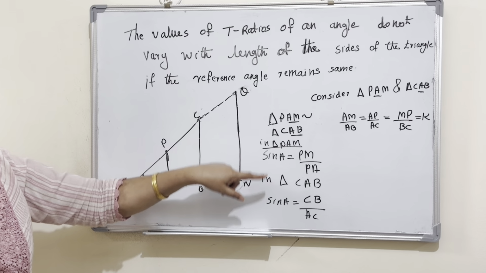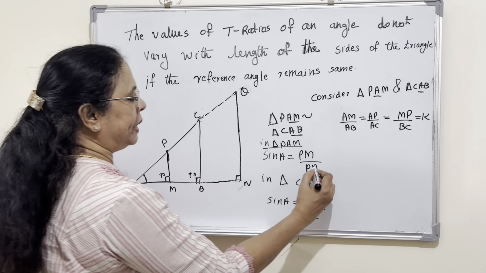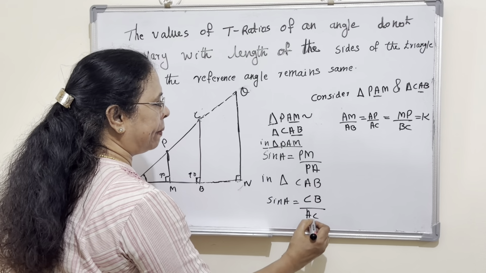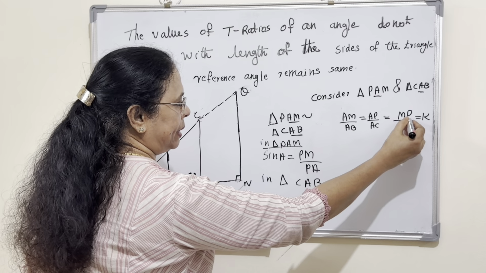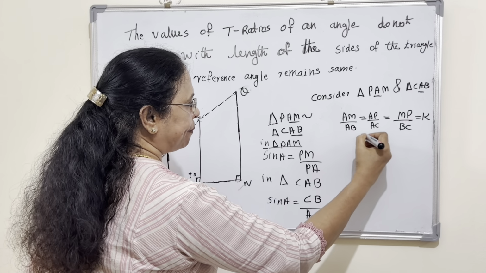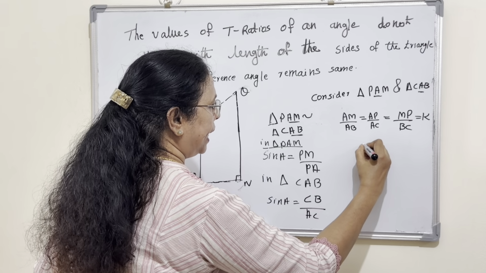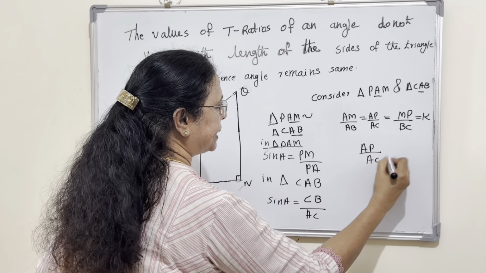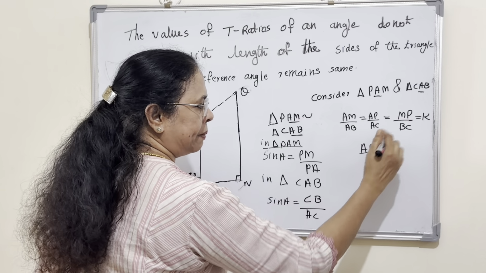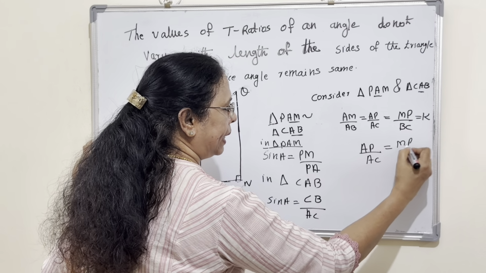So this sin A and this sin A we can check. This is PM by PA and here it is CB by AC. PM means MP. So if I equate AP by AC, already we proved they are similar, right? So AP by AC equal to MP by BC.